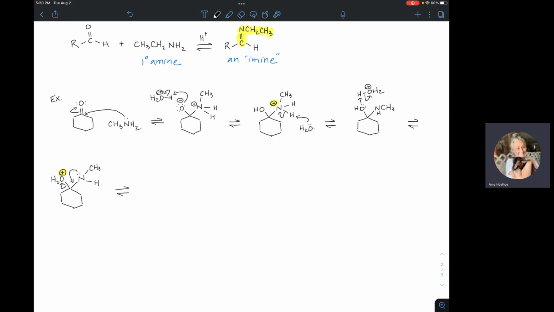The second tetrahedral intermediate is neutral. Water is going to come back and it's going to take the hydrogen off of the nitrogen.